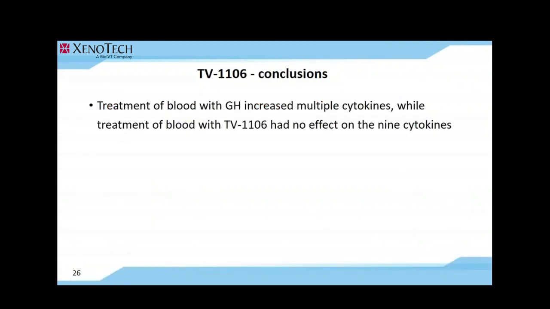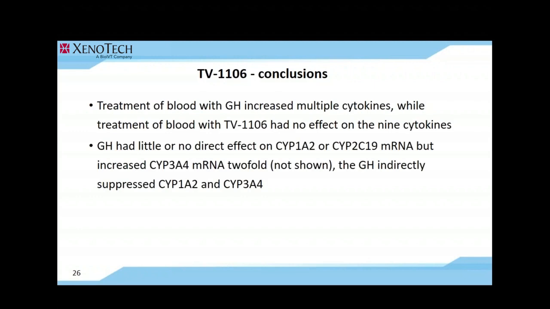Our conclusions of TV1106 case are that treatment of blood with growth hormone increased multiple cytokines, while treatment of blood with TV1106 had no effect on the 9 cytokines. Growth hormone itself had little or no direct effect on CYP1A2 or CYP2C19 mRNA, but increased CYP3A4 mRNA twofold. That data was not shown, but the growth hormone indirectly suppressed CYP1A2 and CYP3A4 as shown on the previous slides.